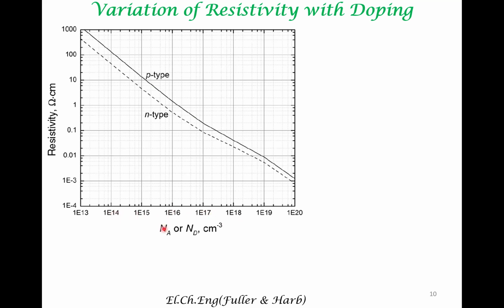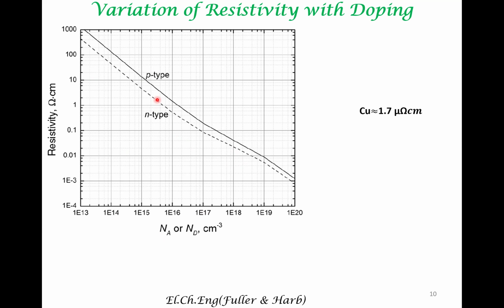When the concentration of acceptor ions or donor ions is increased, the resistivity is brought down. You can also see that n-type semiconductors have a lower resistivity compared to p-type semiconductors. The basis for this difference is beyond the scope of this lecture, but it is useful information that you may use in some subsequent lecture.